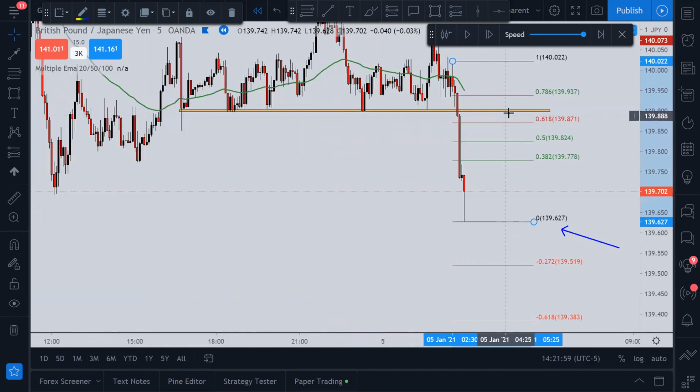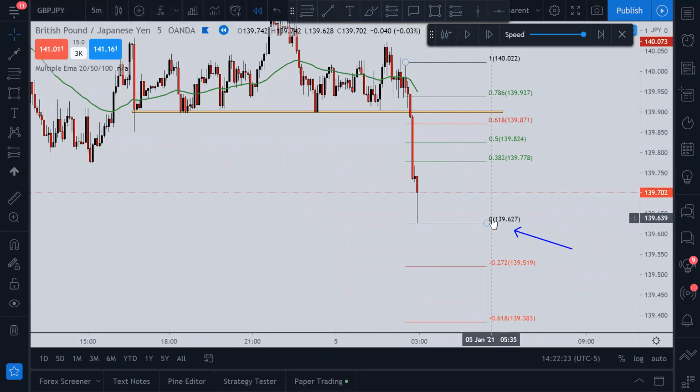Now, I got this one drawn here because you can see this is going to be a strong level. It's been used for both resistance and support multiple times. So price is more than likely going to go past the 618, probably wick up here from that 618, probably close at the 618, and then come back.